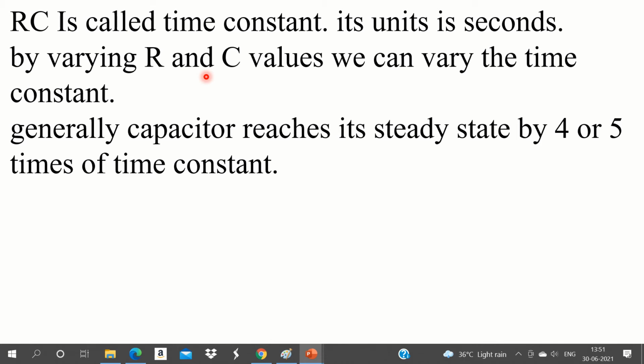Generally, a capacitor reaches steady state by 4 to 5 time constants. Suppose the RC value is 1. Within 4 to 5 seconds, the circuit will reach the full steady state.